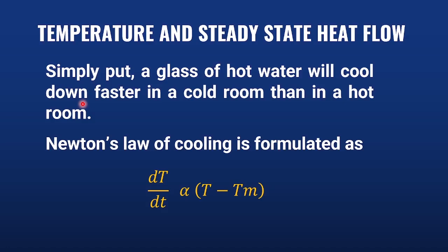Recall, when we were studying exponential growth in our previous video, for example, the spread of a pandemic, we said that the rate of change is proportional to how many people were infected. This implies that the rate of change was proportional to the quantity of a variable. But now that doesn't seem quite reasonable here.